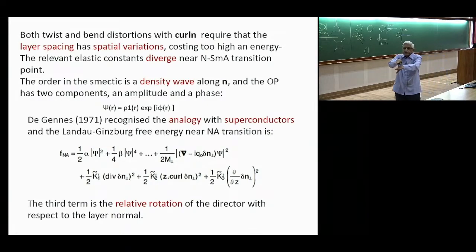For example, if I take this and just rotate the whole thing, the free energy cannot change. So it's the relative rotation that is important. That is why you need this delta minus i q naught delta n perpendicular. Then, of course, you put in the three elastic constants.